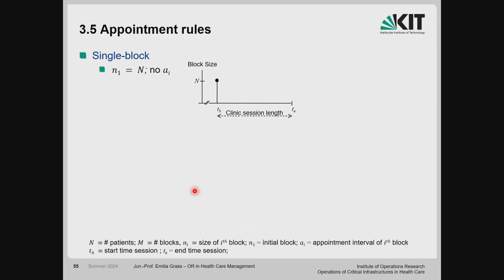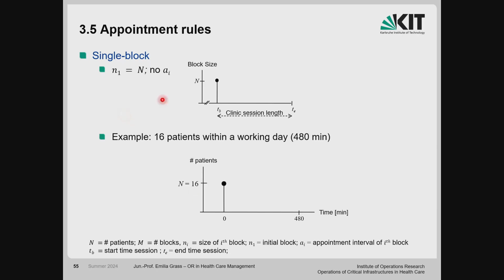Okay. We could have it even worse. So if we say, okay, we have only one single block, so my entire day is one block, and I ask all the patients, and here we have an example. For instance, we have 16 patients within a working day of 8 hours, and we give them all the chance to come at 8 o'clock in the morning.